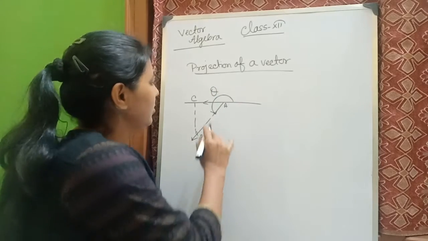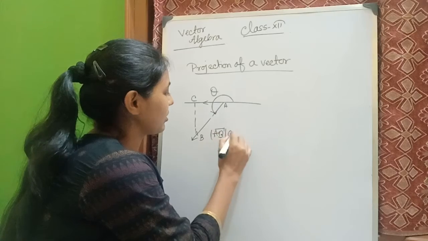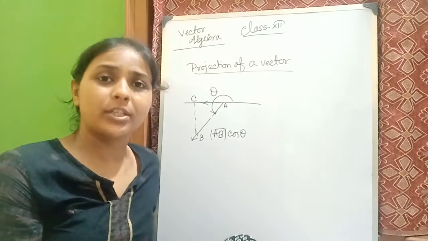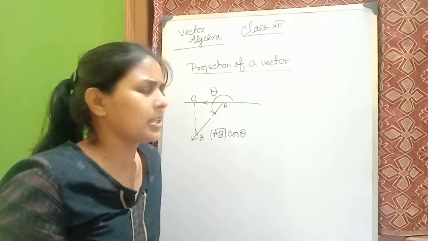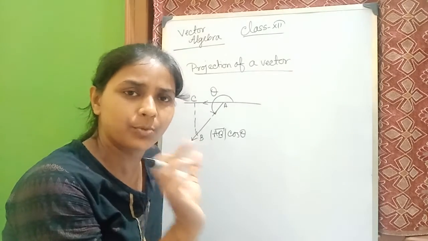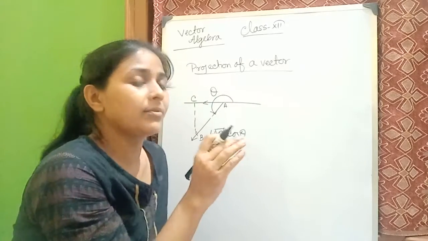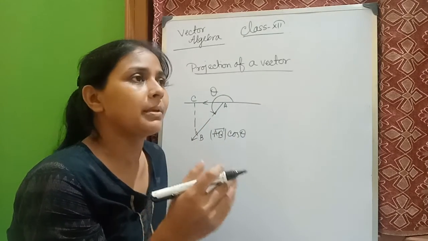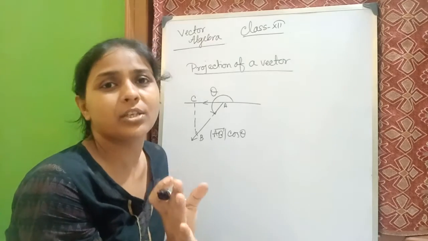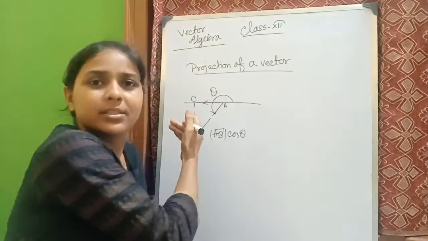Then also I'll be getting mod AB cos theta. Plus minus sign I'm not taking because magnitude will not have its plus minus. Magnitude always will be the absolute part. Plus minus sign will be important for determining the direction of the vector, whether this is towards that or towards this.